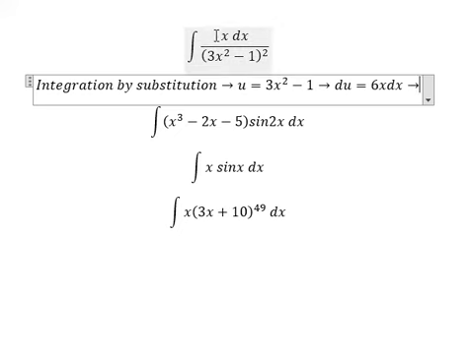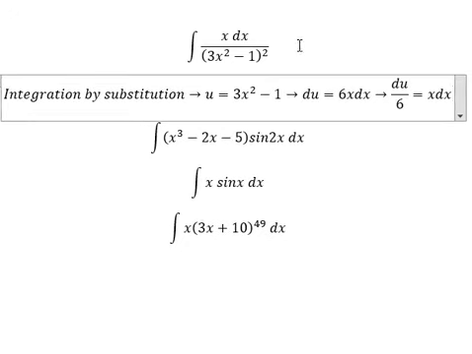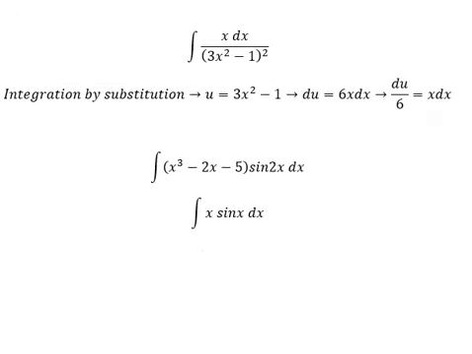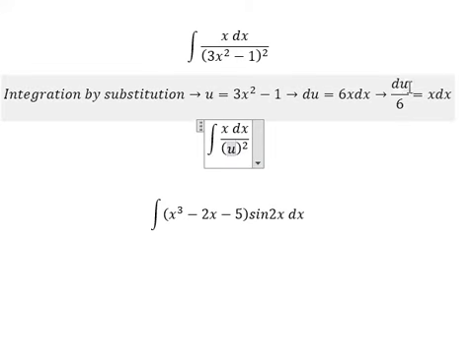Because we don't have number 6 in here, we need to divide both sides by number 6. So this one we change for u. s ds we change for du over 6.